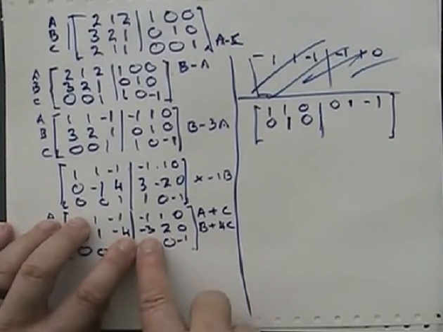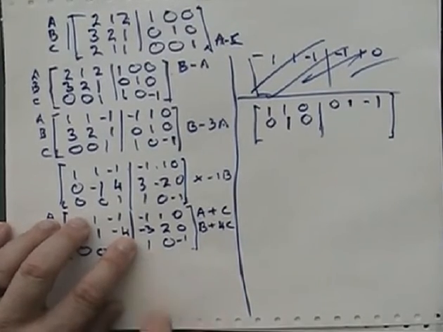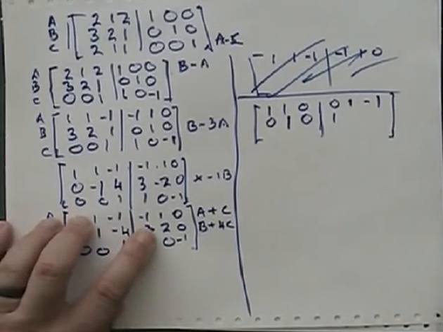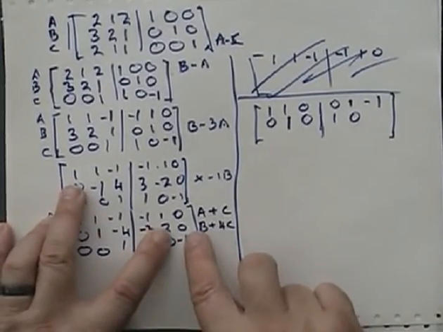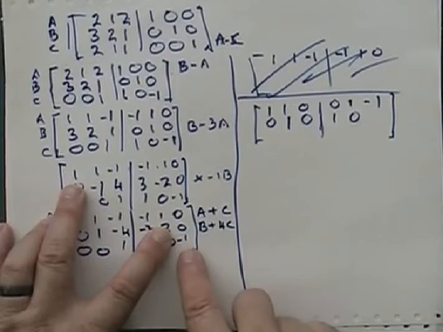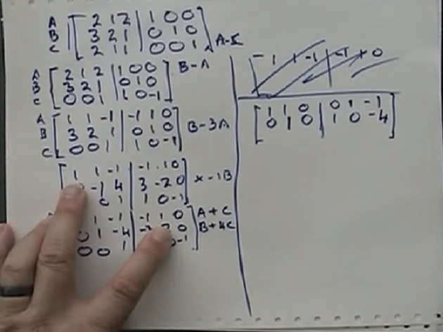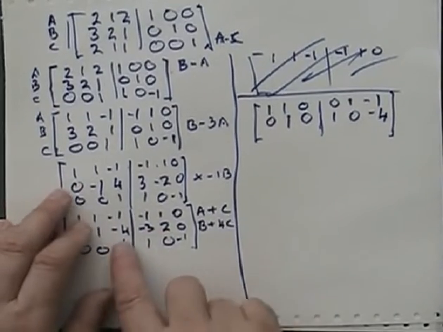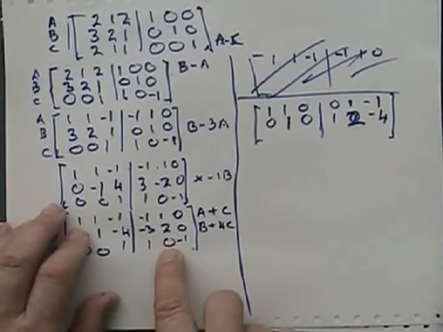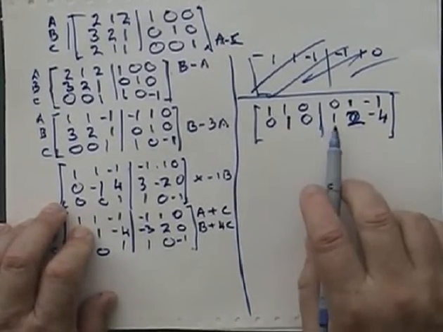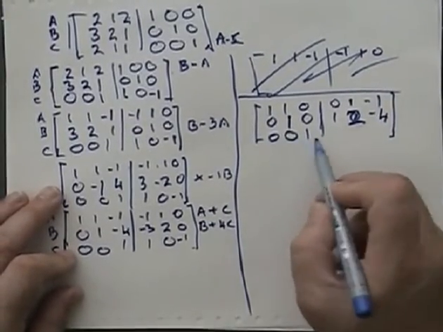Negative 3 plus 4 times 1 is going to be positive 1. 2 plus 4 times 0 is... I screwed up, it should be a 2, because 2 plus 4 times 0. I had too many zeros in my head. So that should be 1, 2, negative 4. And the bottom row hasn't changed at all.